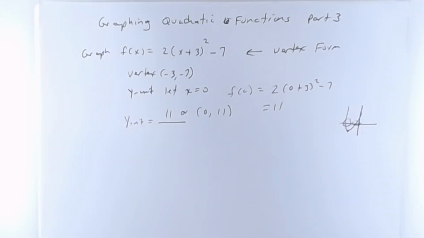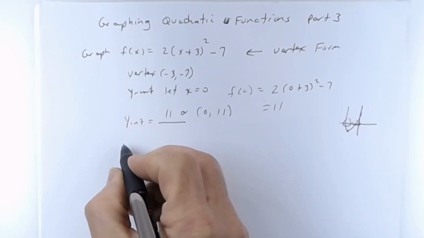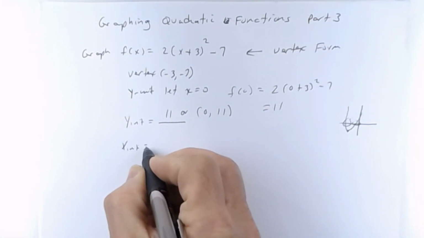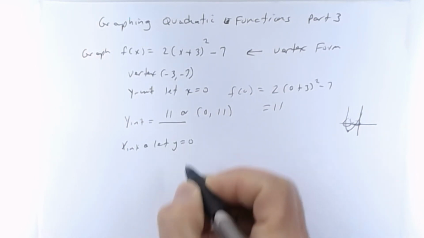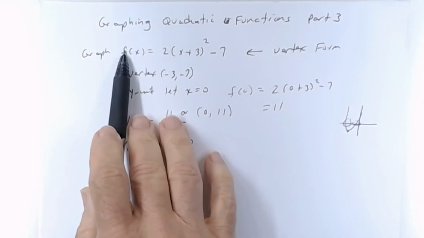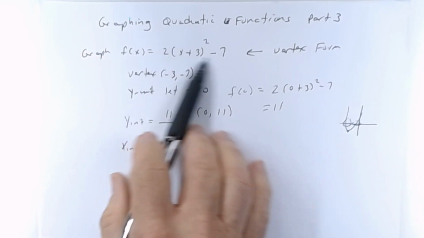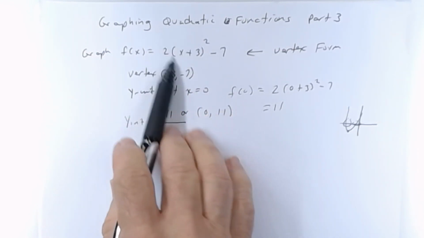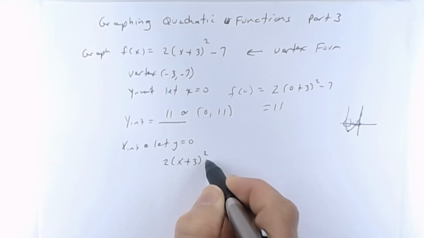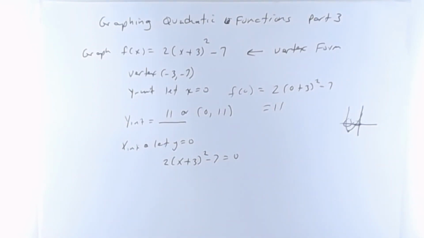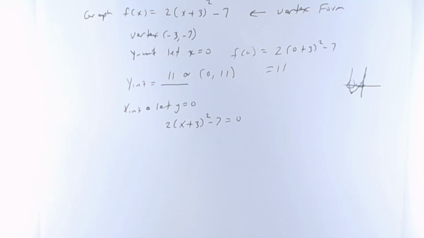All right, so we have to find them. How do you find the x-intercepts? Substitute 0 for y. So you let y equal 0. And remember, f of x is 0. So this function right here, I'm going to set equal to 0. Now, you had something like this on a previous test.